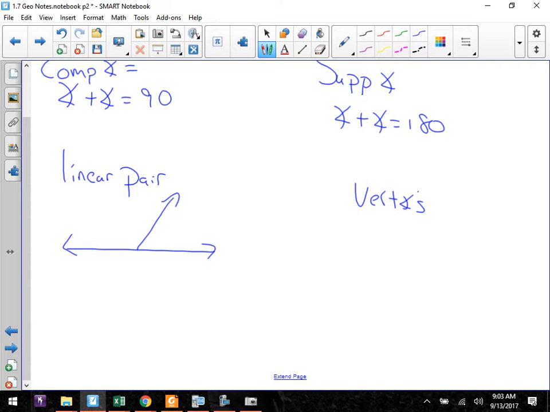Those are linear pairs. So a lot of you guys, what you're thinking of is this. That's an example for vertical angles. Those angles are opposite one another.